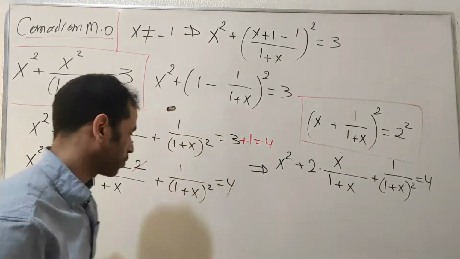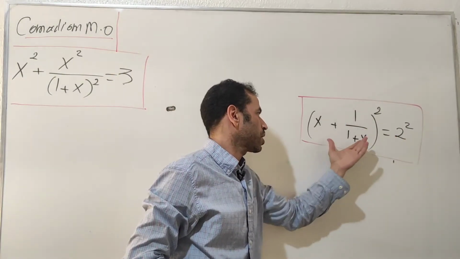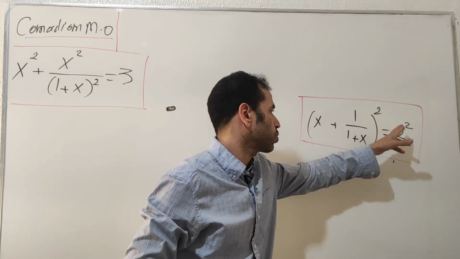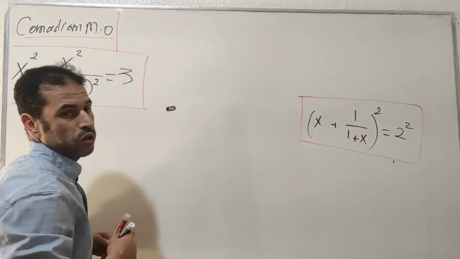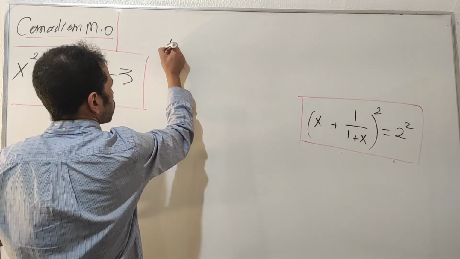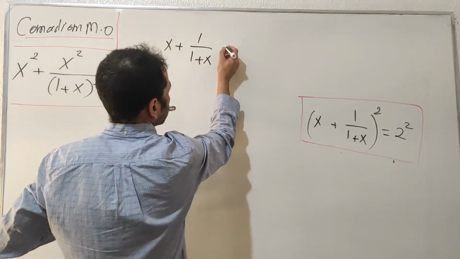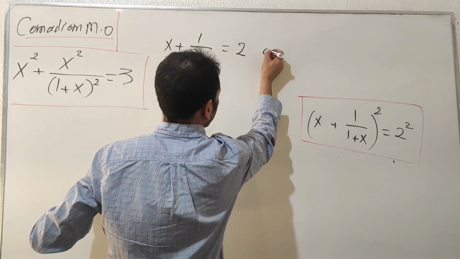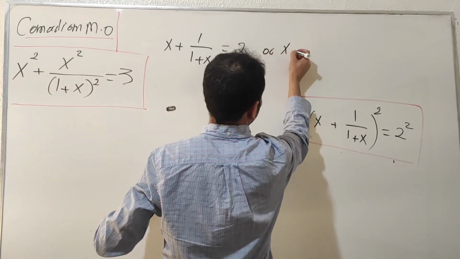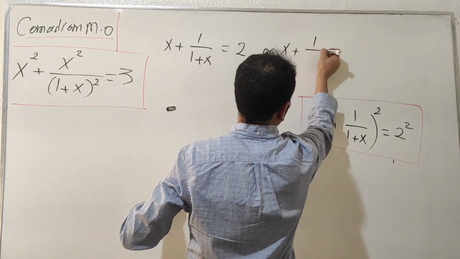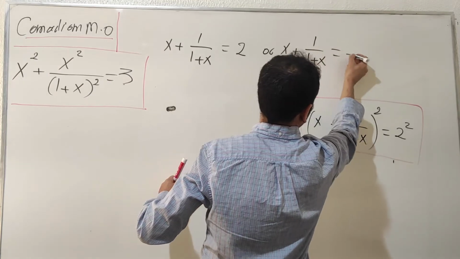I'm going to take the square root on both sides. I will have two solutions. The first: x plus 1 over 1 plus x equals 2. Or the other one: x plus 1 over 1 plus x equals minus 2.